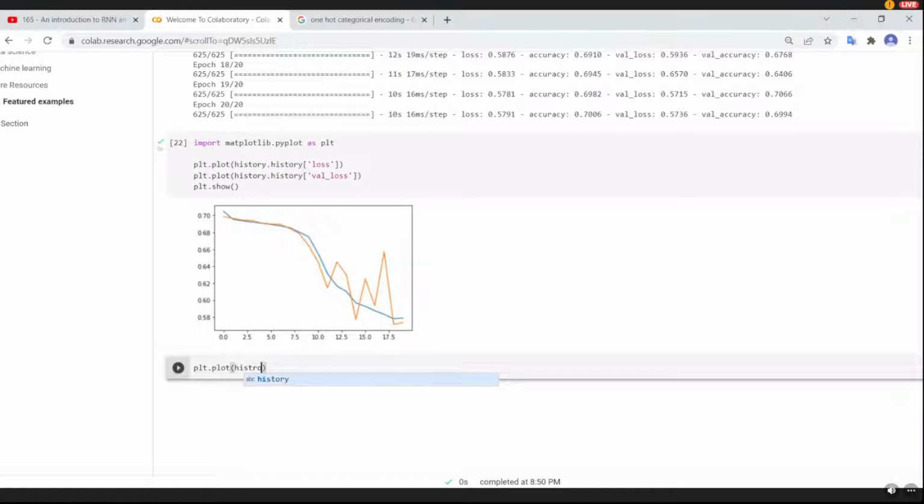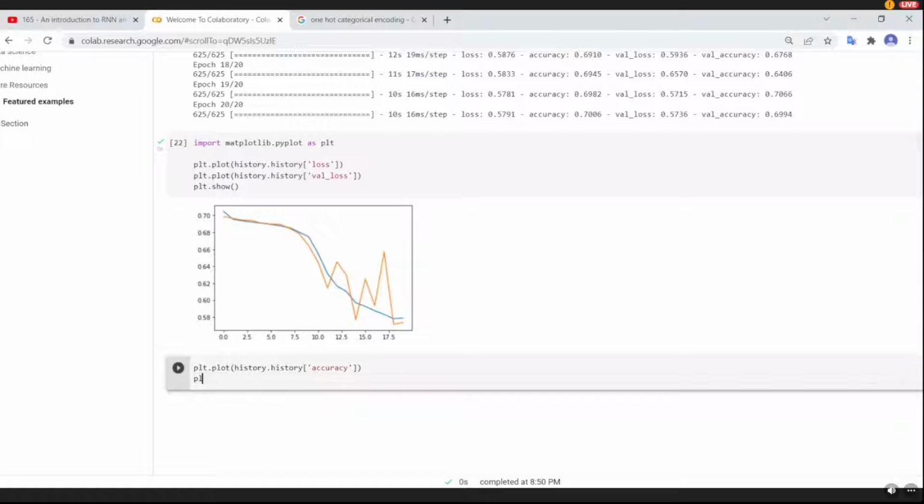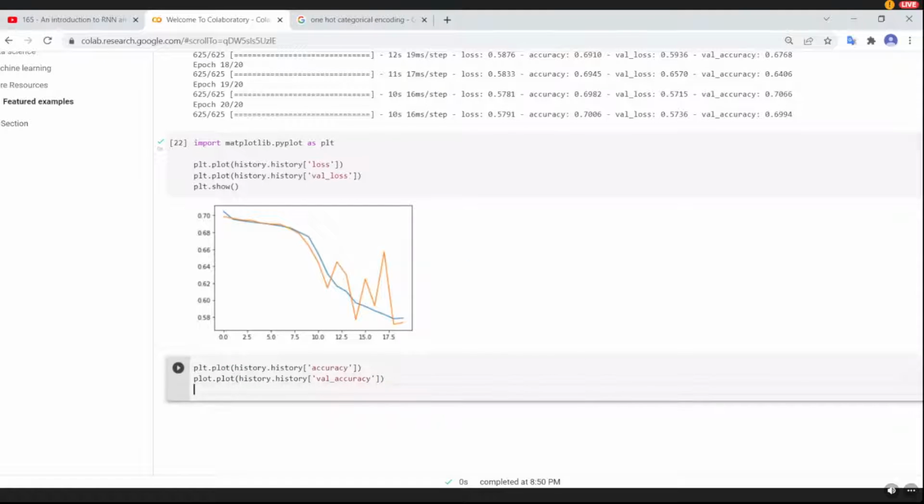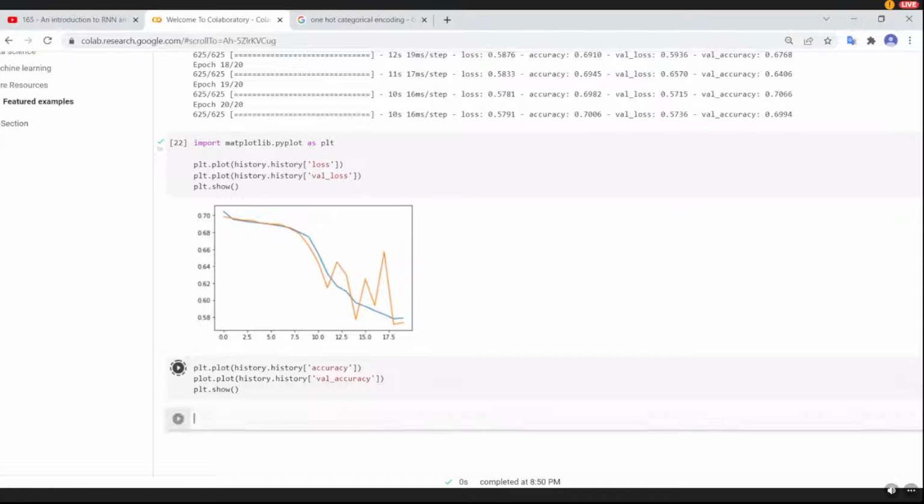plt.plot history accuracy, plt.plot history val accuracy, plt.show.